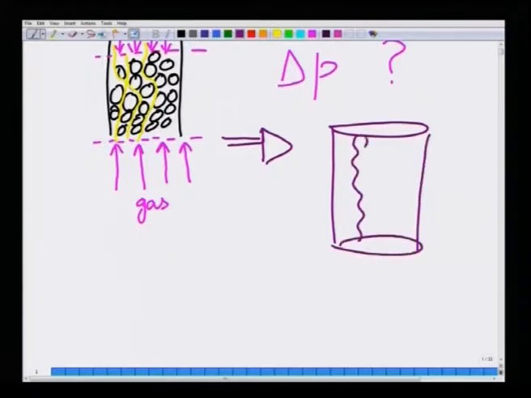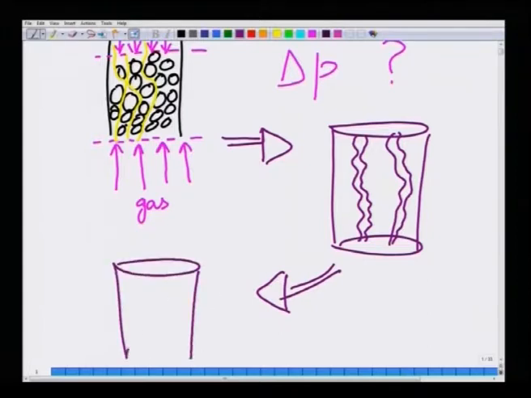Although the cross section of the tubes is extremely complex, because the path of the fluid in this bed is extremely complex, to simplify this further we are going to assume this to be a bundle of straight circular tubes. That is the model we are going to have for flow through a packed bed.